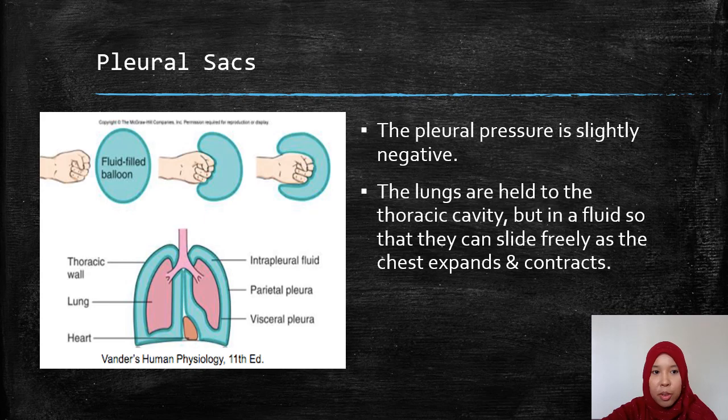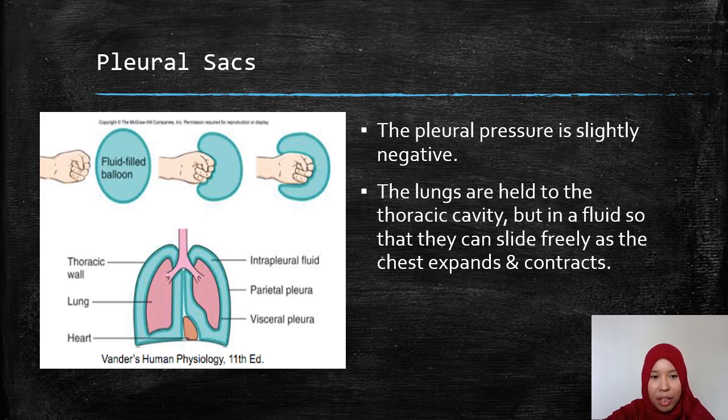Alright, here's just to show you how the lung sits inside your chest cavity. If you imagine your fist pushed into a balloon filled with fluid, you have that double layer created by doing that.